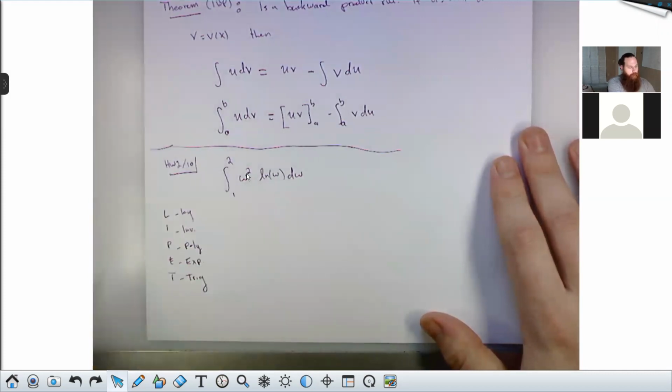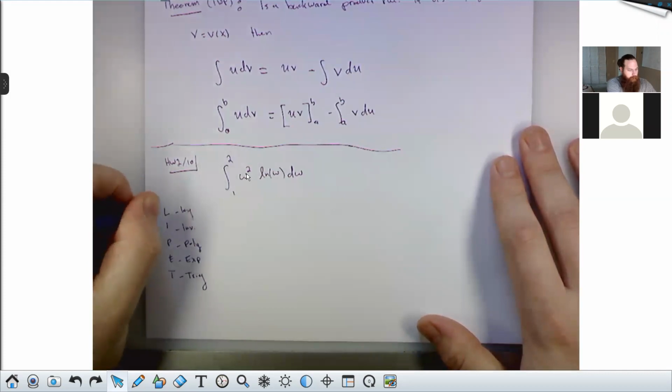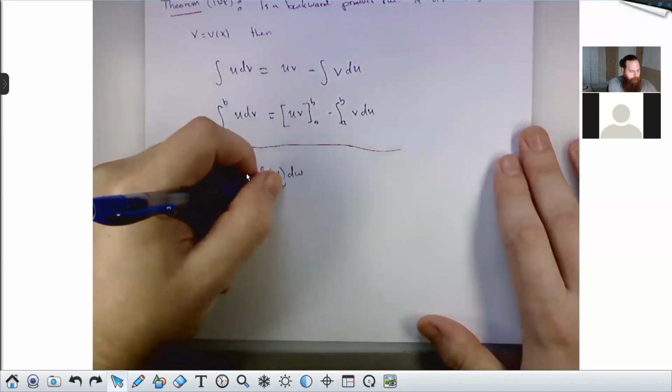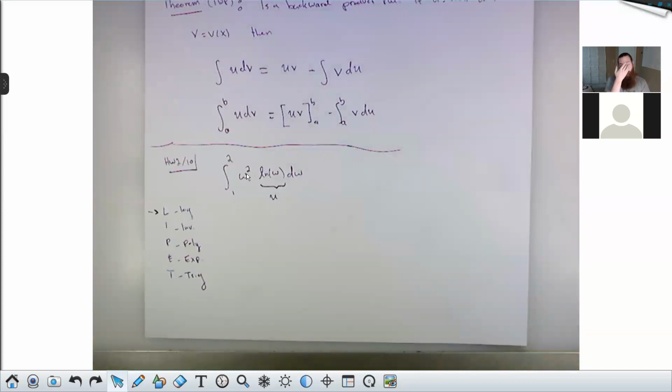Remember the way this works, you run down this list, and the first time you see something that you actually have in your integral, you stop. And whatever that thing is, that's what you pick to be u, and then everything else will be dv. Now here, I stop right at the top, because I do have a logarithm. So I'm going to pick the logarithm to be u, and everything else to be dv.